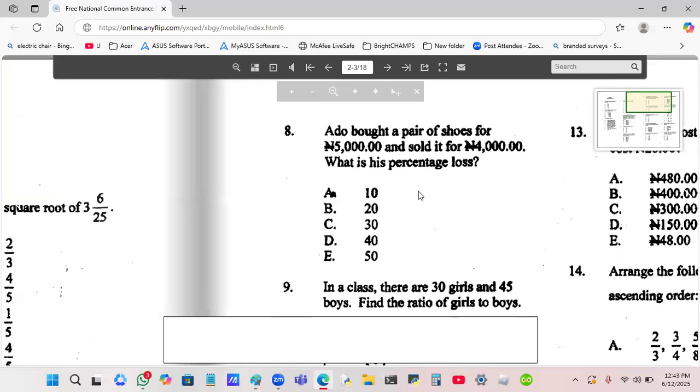Why is it zooming in again? So, I bought a pair of shoes for 5,000 naira and sold it for 4,000 naira. What is its percentage loss? Cost price equals 5,000 naira.